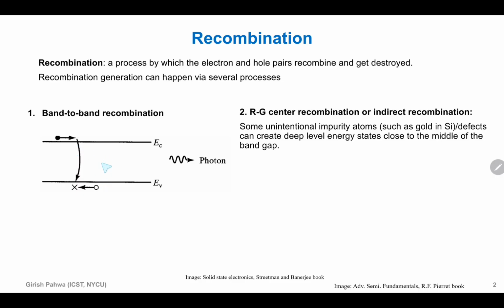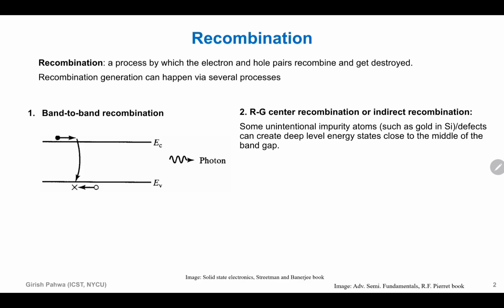Similarly, if they have to accept, there is again a large difference. So these are called deep level impurities, or simply deep level energy states. Whenever you have discrete atoms which are not taking part in the periodic crystal, you will have some discrete states.